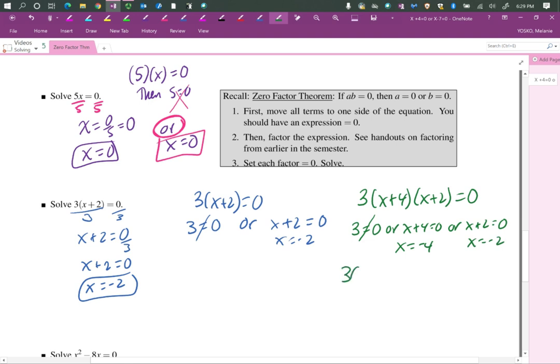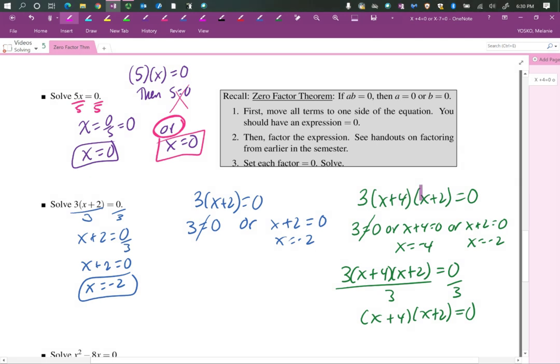So, but another way to think about it is if you don't want to use the zero factor theorem and have to mess with the 3, divide both sides by 3. So if you get really good at this, when you do a whole bunch of these, you're going to get really comfortable and you're going to say, okay, well, this is just a constant. These 2 pieces with my variable are the only pieces I need to solve to find what value of x we should have to get equal to 0. So you're really always solving this, if that makes sense.